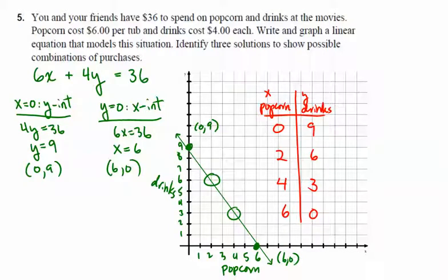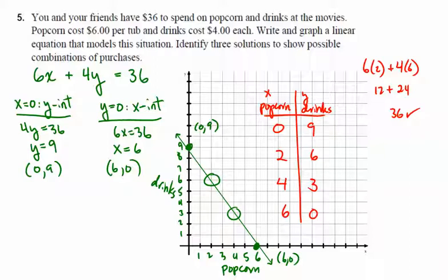So when we plug in x is equal to 2, we're going to get 6 times 2. In that case, y would be 6. 4 times 6, that gives us 12 plus 24, and that is 36. So that definitely works.